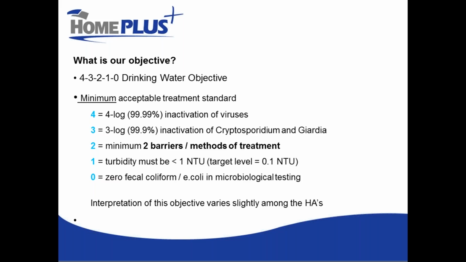Key to the standard is that we are always looking to achieve, wherever possible, 2 barriers of protection. And this is where UV and chlorination can work very, very well together to achieve the other directives in this objective. So we're looking for the 4-log inactivation of viruses, 3-log inactivation of crypto and giardia.